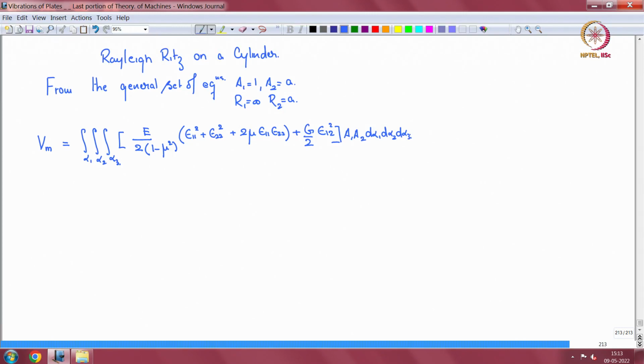Okay. Then you form your T max, kinetic energy max, as omega square rho h by 2, integral alpha 1, integral alpha 2, u1 square plus u2 square plus u3 square, A1 A2 d alpha 1 d alpha 2.